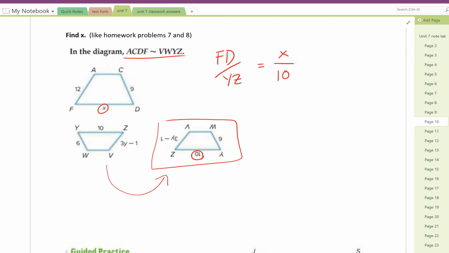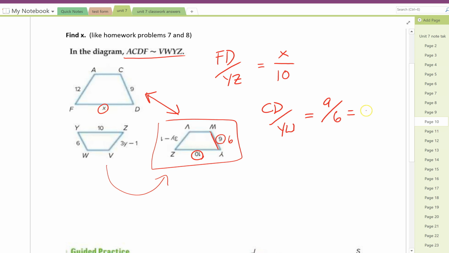In other words, figure out the ratio between sides on the big trapezoid and the small trapezoid. Okay, well, what I can see if I look at these two is that CD, this right side of the big trapezoid, corresponds with side YW or WY. Okay, and CD is 9 units long. WY is 6 units long. I know it looks like a 9, but it's because I flipped it over. So that should actually be a 6.